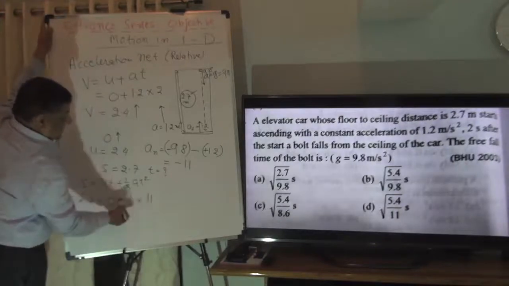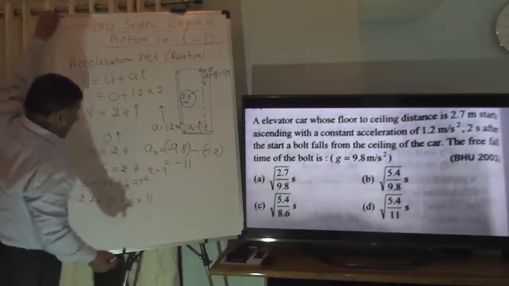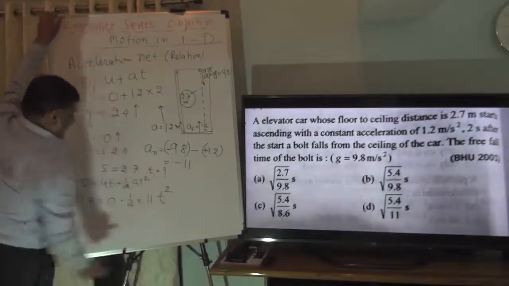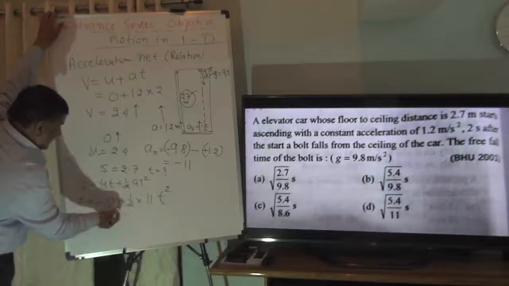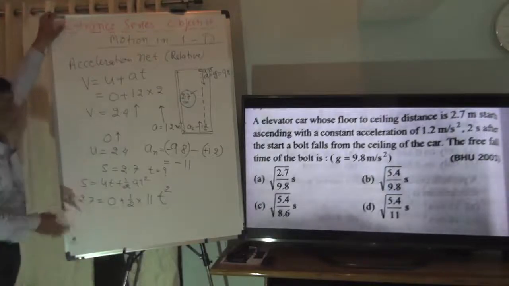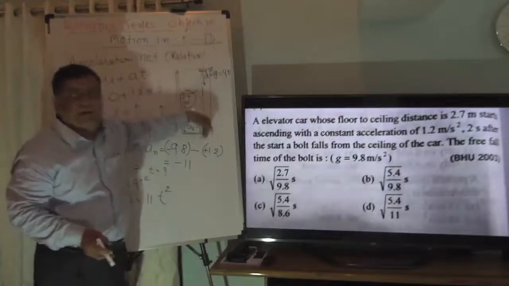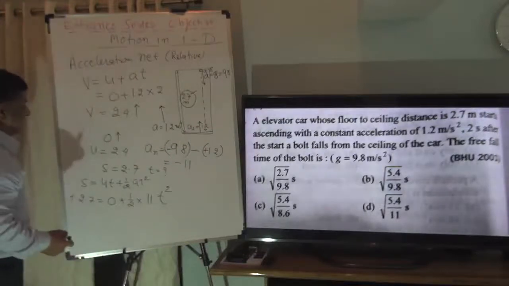This minus is because of this 11. a t square, and we have to find t square. So minus minus is cancelled. Why have we taken S as negative initially? The answer is that from this point S is downward. If S is downward, then we have to take it negative. So this was minus 2.7.